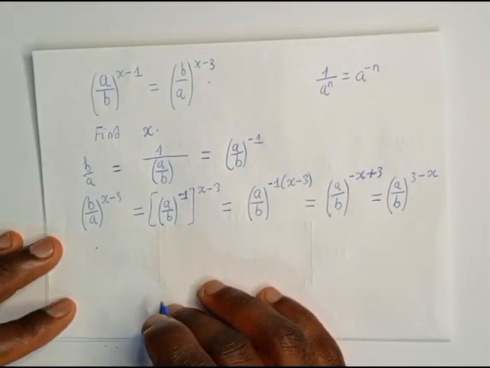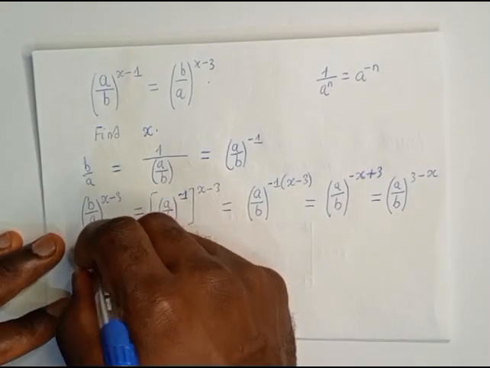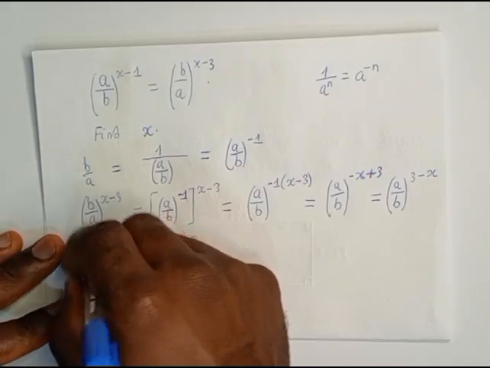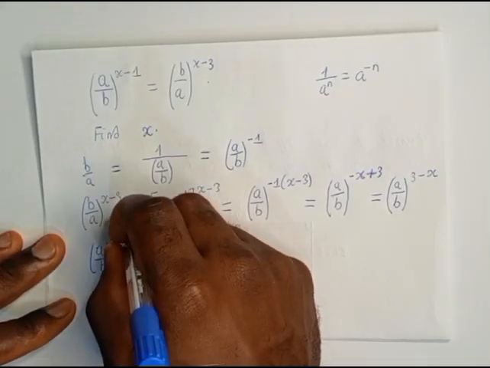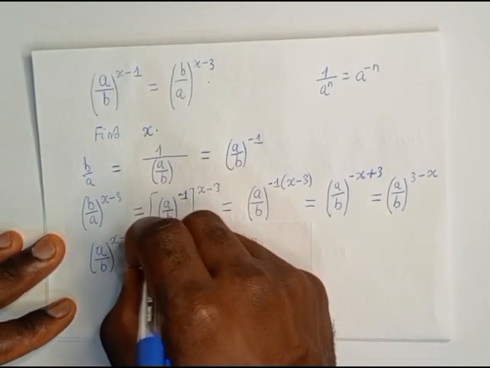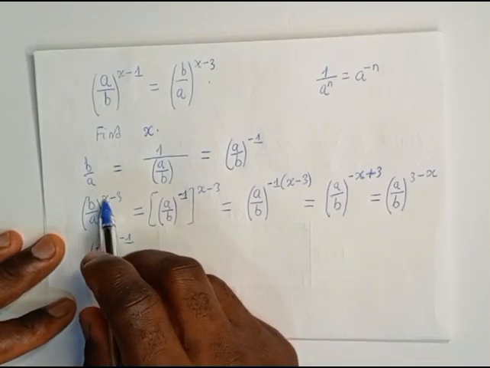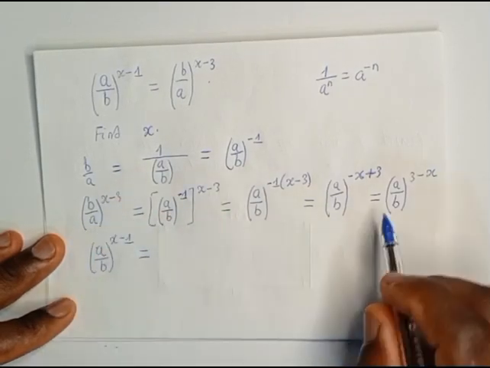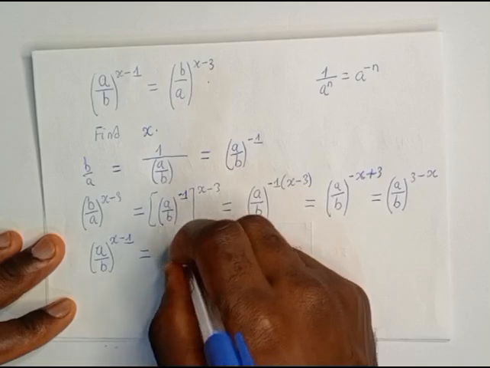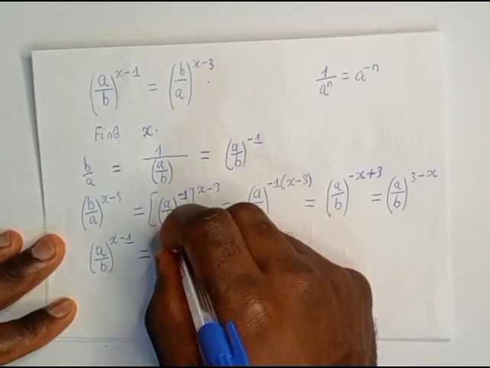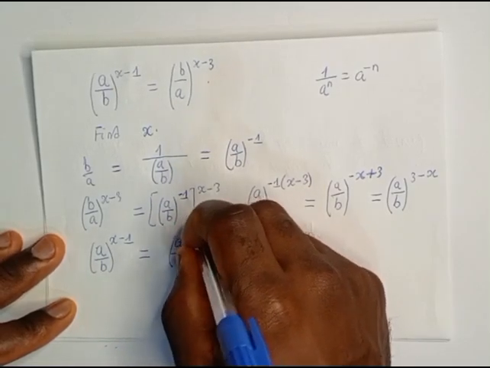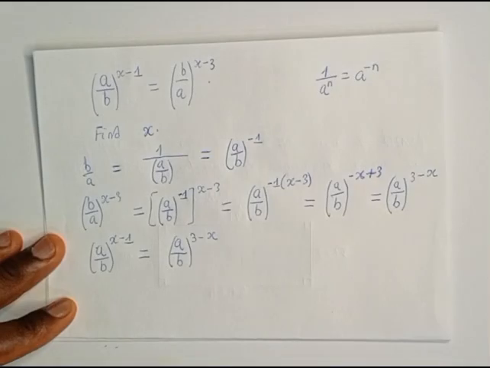Now, taking the given problem, we have a over b, all this raised to the power x minus 1 is equal to b over a raised to the power x minus 3. I'll replace it with a over b, all this raised to the power 3 minus x.